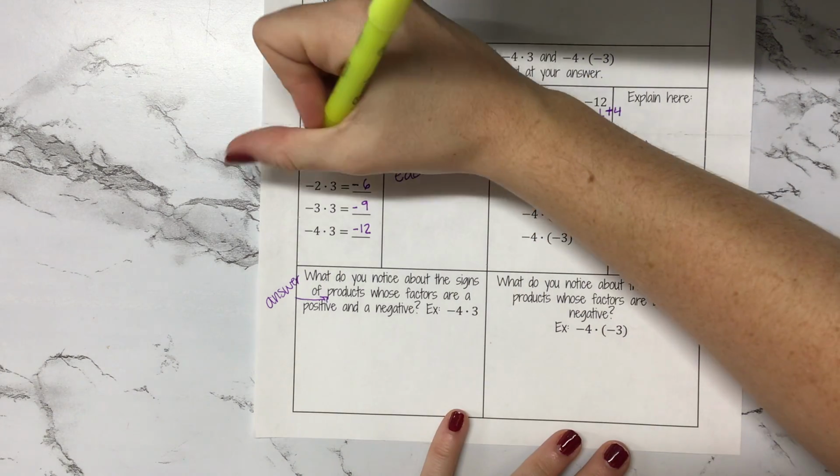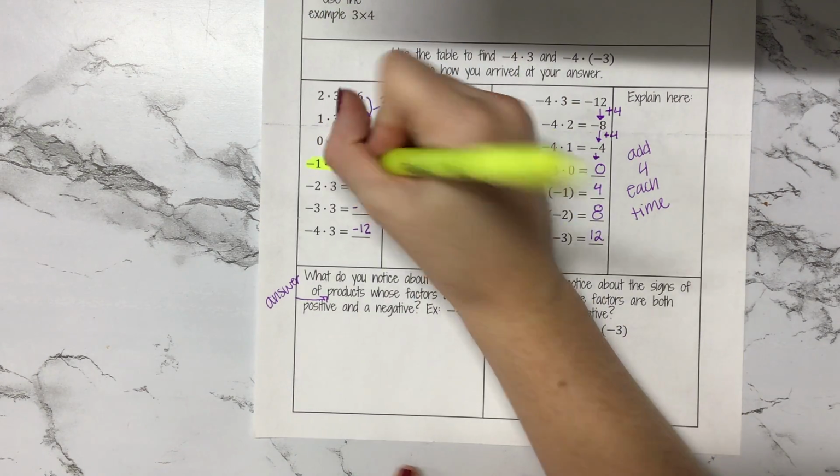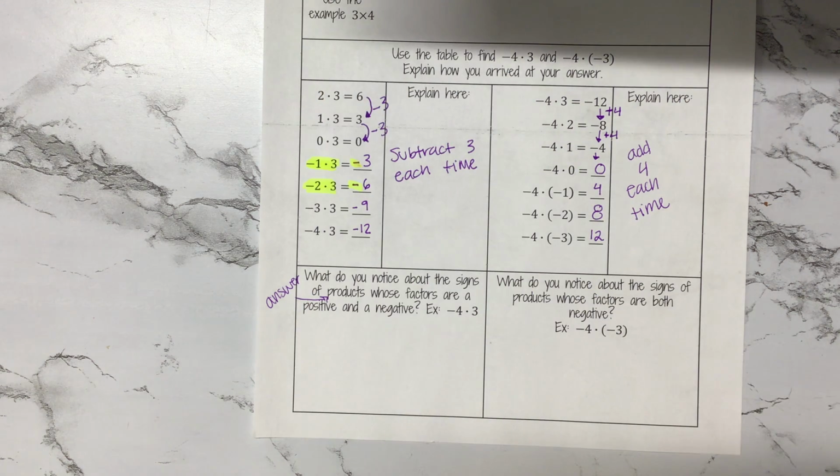So looking at a negative times a positive, what was the answer? A negative times a positive, what type of answer was it? Positive or negative?